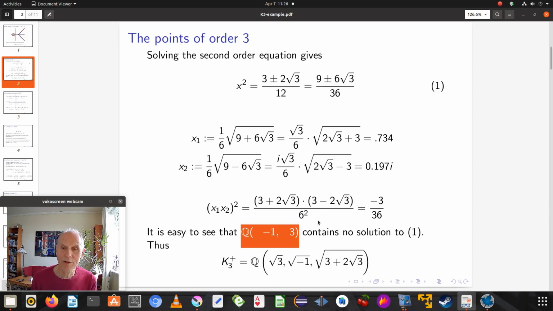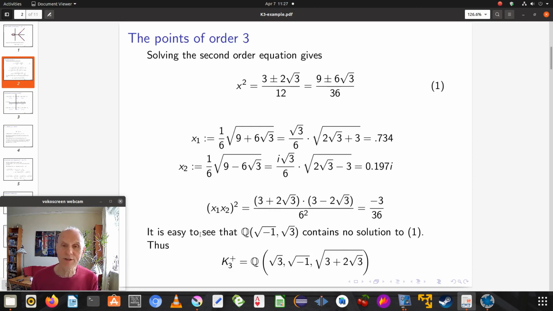So this is one way. Well, we should start with this field and then just extend it with one of the square roots here. So we just need to see that this square root doesn't lie in this field already.